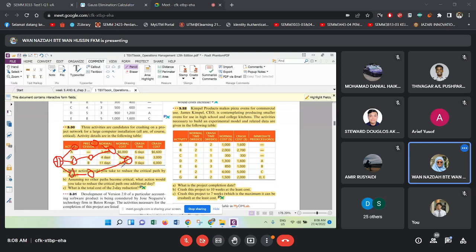All right, can you share your network diagram in WhatsApp? Can you do it now?